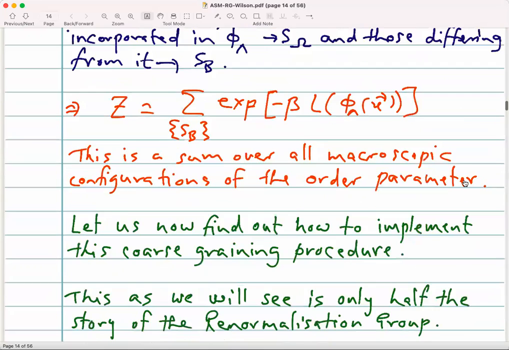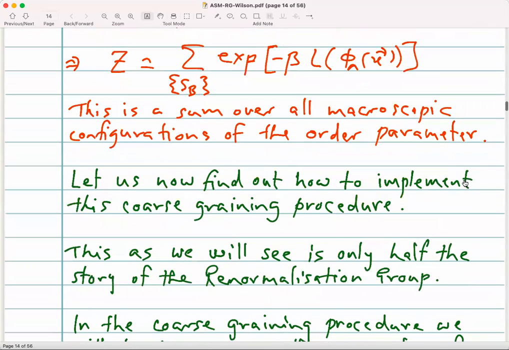And the main point which differs from the Landau-Ginzburg description as well as the block spin description is that while we follow the Landau-Ginzburg idea that we preserve the symmetries of the model, we do not necessarily preserve the form of the Hamiltonian. Like in the block spin, we will do coarse graining, but we will not maintain the form of the Hamiltonian.